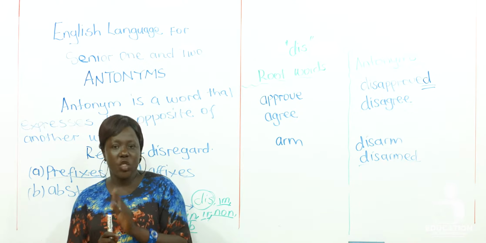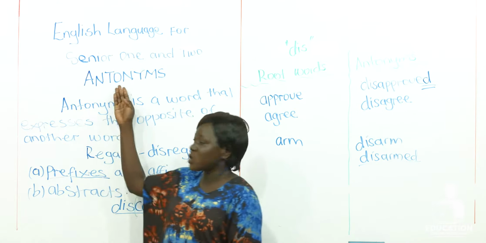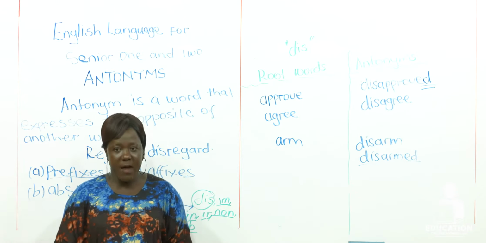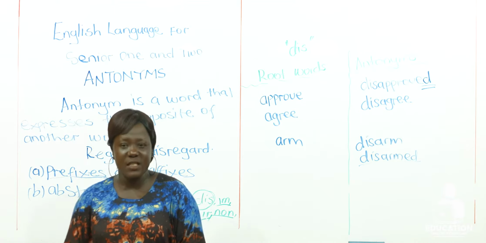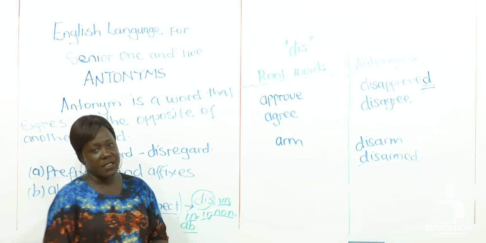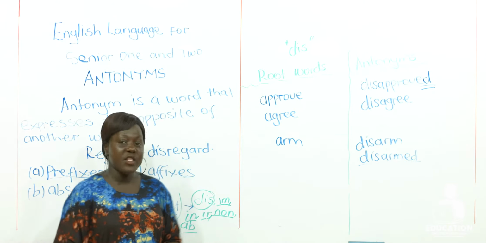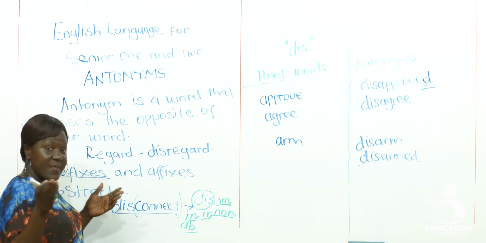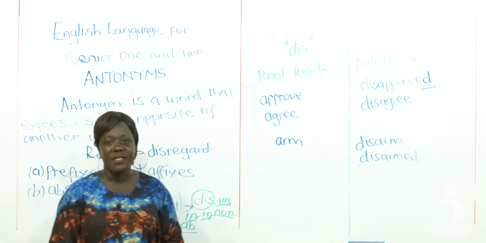If you do that, you will not go wrong in forming antonyms of words. You will be very correct. Therefore, I urge you to be very vigilant when you are forming the opposites or the antonyms of words, especially when using prefixes. With this, my dear learners, we have come to the end of today's lesson.